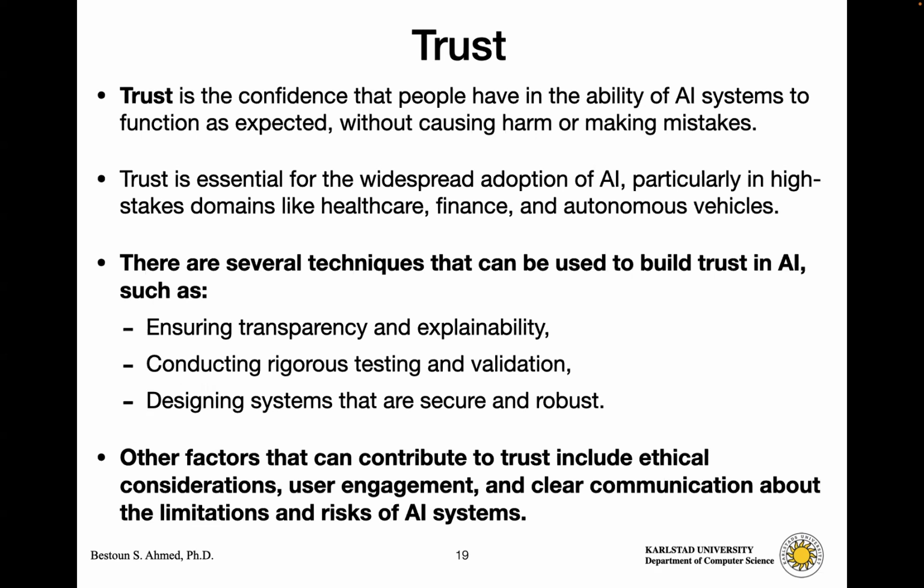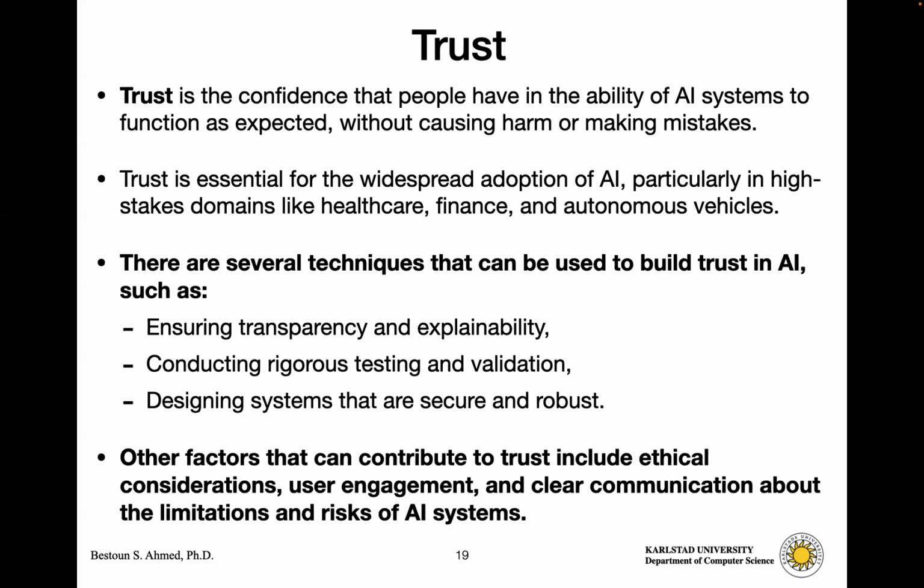It is the confidence that people have in the ability of the AI system to function as expected. This is very important and essential for the adoption of AI. People need to trust the AI, and then they will adopt it. If they feel that the AI system is not fair, or if they don't build the trust, then it means that they will not use it widely in their work or in their life.